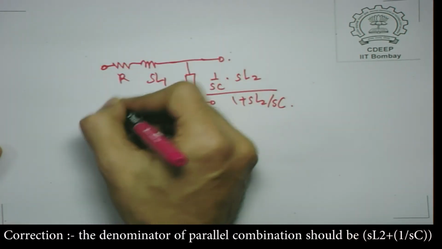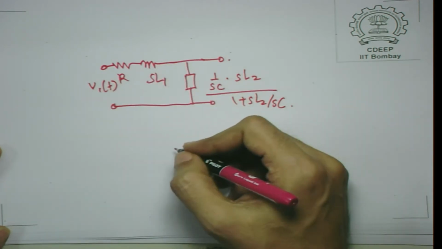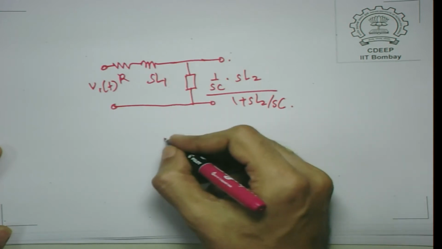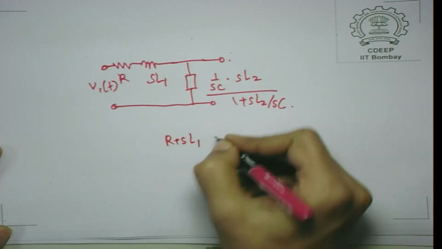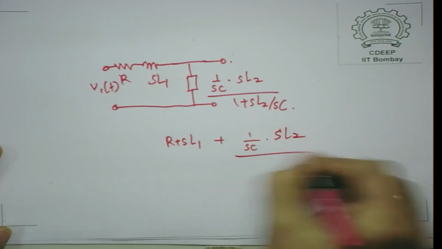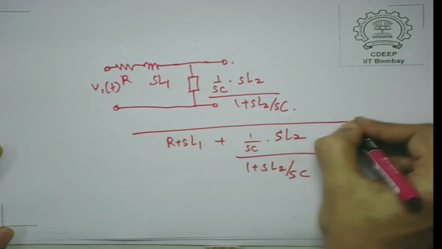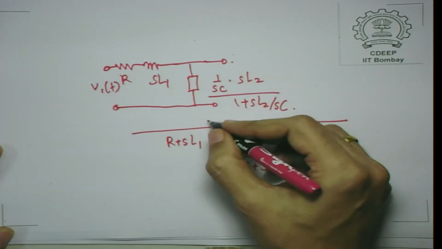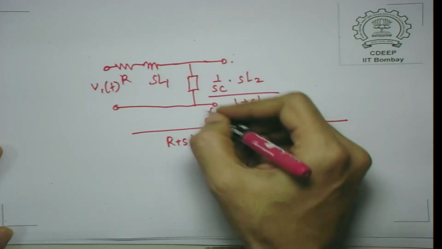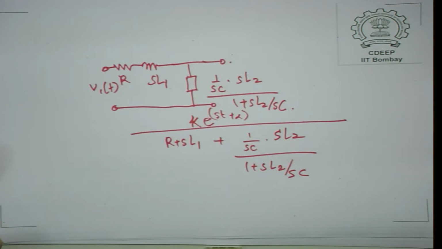So, you will get V1 of t. V1 of t, of course, if it is an input, we assume it is an input e raised to st, and then what you do is R plus sL1 plus 1 upon sC, sL2 upon 1 plus sL2 by sC, divided by, let us say this is, in fact, you can multiply this by a constant as well, which I did not show you here, but that is also possible.